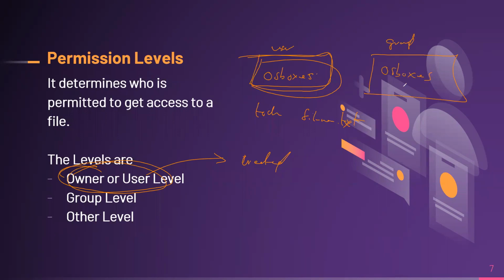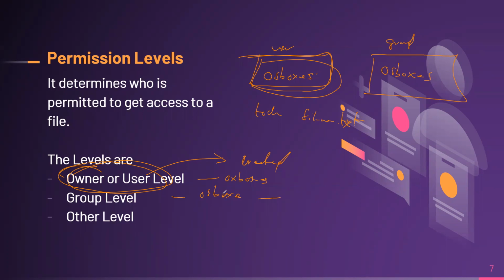So at this point, the user for this particular account is going to be OS boxes, and the group is also going to be OS boxes. But you can also create multiple groups and then assign different users into those groups. Again, when we saw users and groups, we said that groups are created to give specific roles or specific access to the kind of things they can do or files they can access.